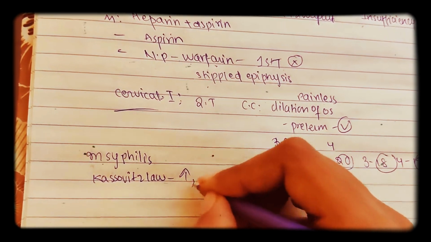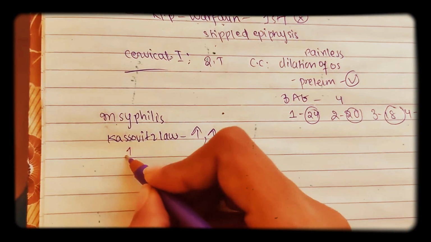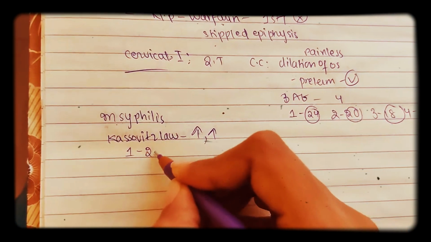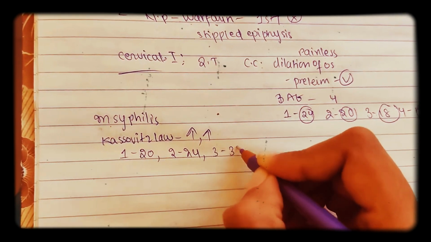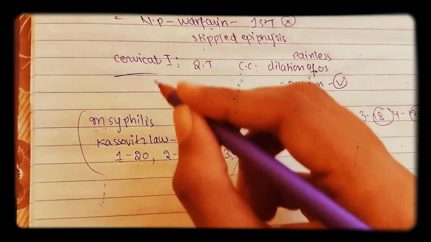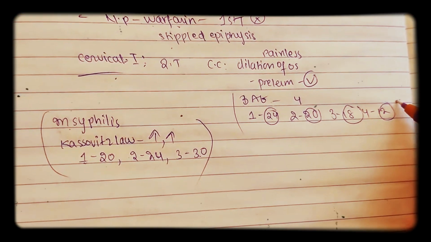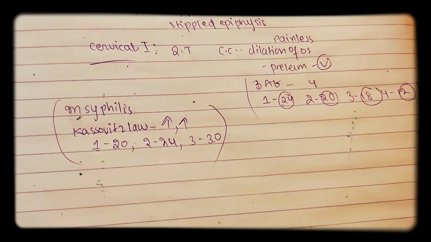So here both the gestational age and pregnancy loss are increasing. For example, the first abortion is at 20 weeks, the second abortion will be at 24 weeks, the third abortion will be at 30 weeks. You can see the number is increasing. So it is reverse in case of syphilis, but in cervical incompetence the abortion is decreasing, the gestational age is decreasing. This you need to observe.